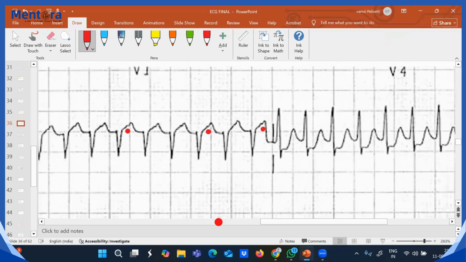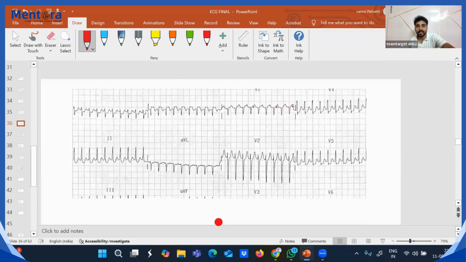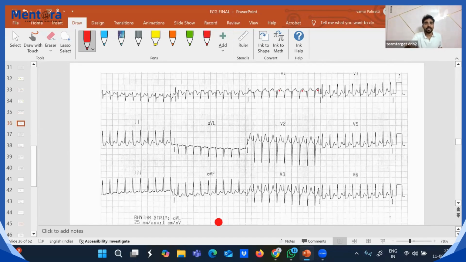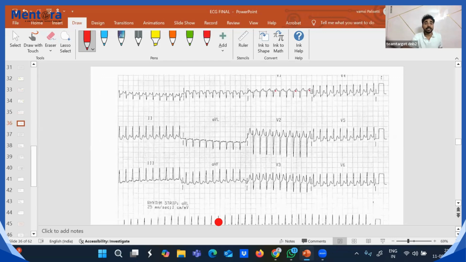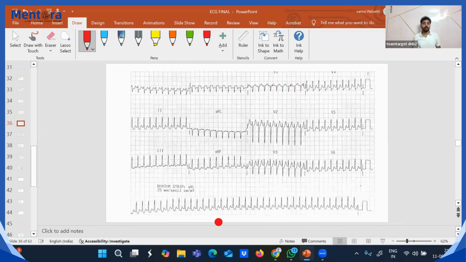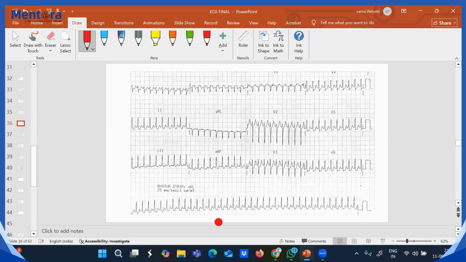Simple. This is your orthodromic, because see, this is AVRT. Which type of AVRT? Orthodromic or antidromic? RP more than 70. You have to see the R and P. First, AVNRT can happen or AVRT can happen.